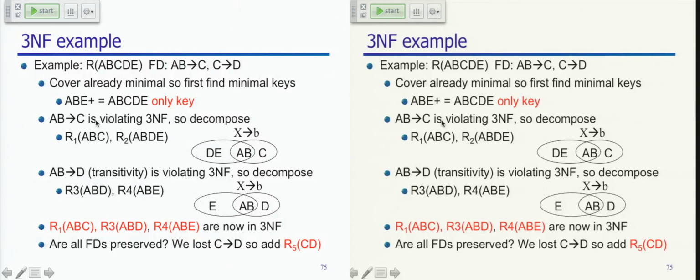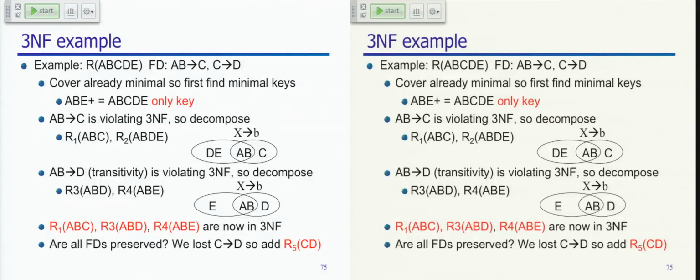Is the right-hand side, D, part of a key? It's not. That means R2 is violating 3NF. I decompose like I was doing before. ABD is going to be in one table and AB is going to be in the second table. Now I have three different tables and all of these are in 3NF. None of these are violating 3NF.